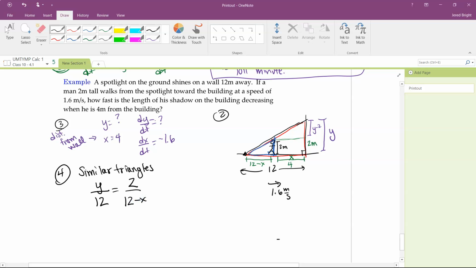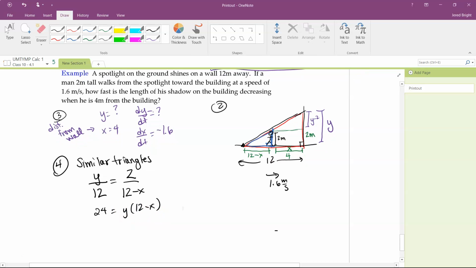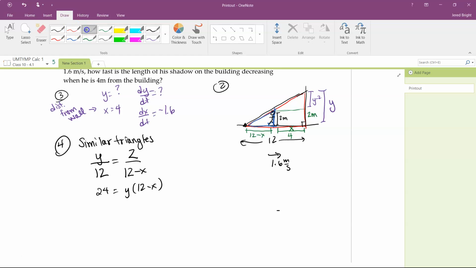With this you can certainly rearrange. You can cross multiply and get 24 is equal to y times (12 minus x). This is fine, and at this point I would introduce a time derivative.